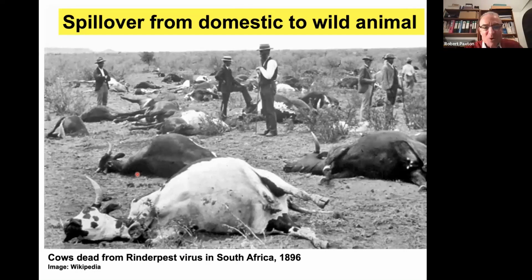These viruses and other pathogens don't just spill over from wild animals and from domestic animals into humans. They also spill from domestic animals, and from humans, as you see in the last example, back into wild animals. And I'd like to give an example here, which may be analogous to what's happening amongst bee communities. In the late 19th century, zebu cattle were brought from the Indian subcontinent to Northeast Africa, part of colonialism.